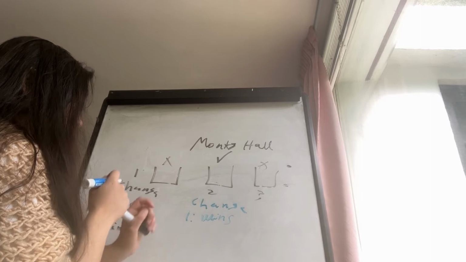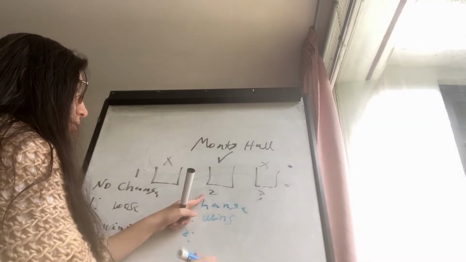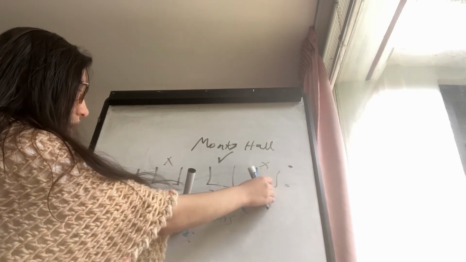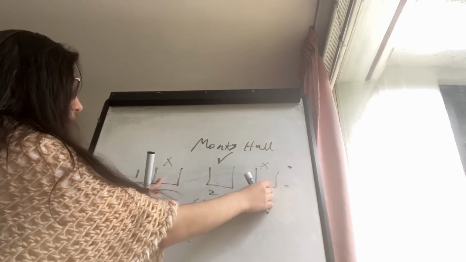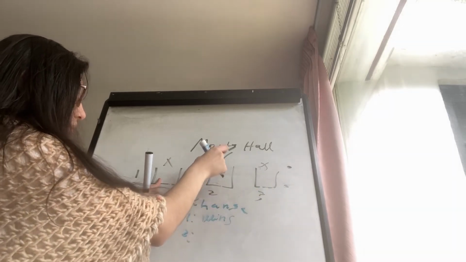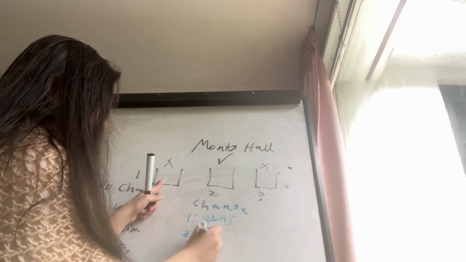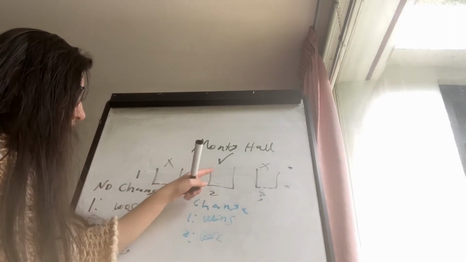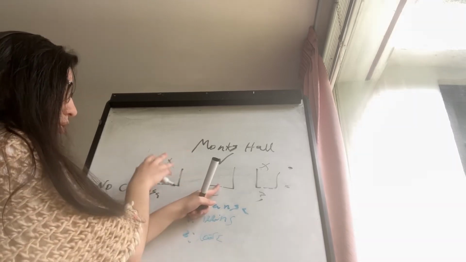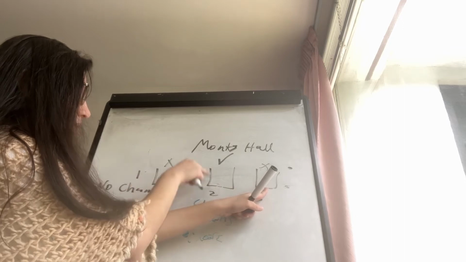If the player now selects box 2, the host will show, let's say, this one, and the player will change to this, and so the host will show this, and so it's obvious that the player loses. The same if the player selects this, then the host shows this, the player moves to here, and then the host shows this.